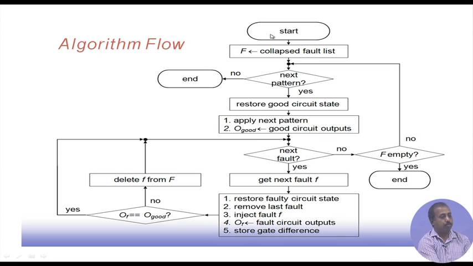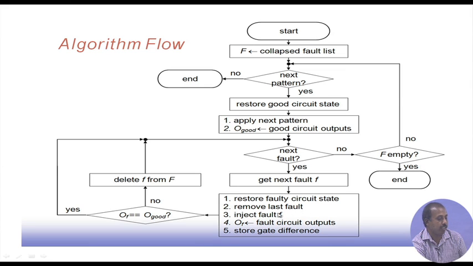So, start with the collapsed fault list and get the next pattern. Restore the good circuit state, because we know the good circuit value. We apply the next pattern, so we have the good circuit output. Then it sees if there is any more fault to be simulated. If some fault is there, it gets the next fault, restores the faulty circuit state. Now this fault is injected into the circuit and the last fault is removed, that is, whatever fault we simulated last time is removed.